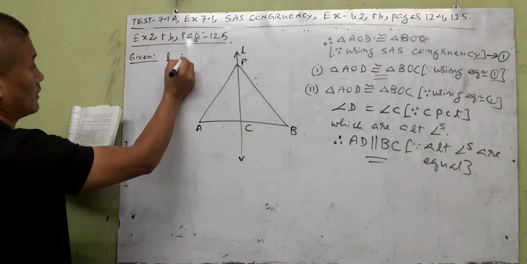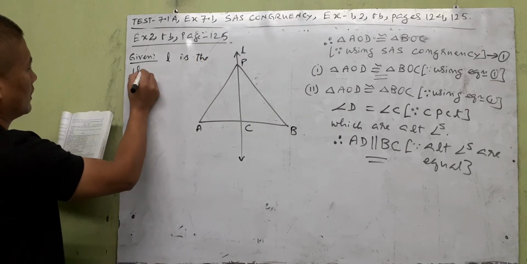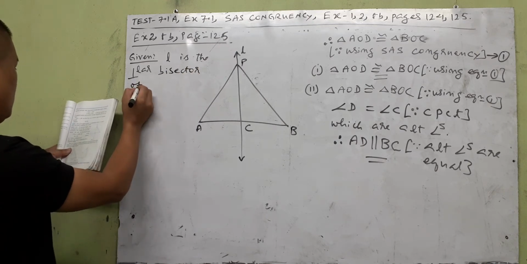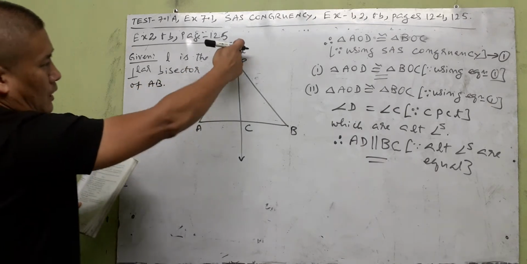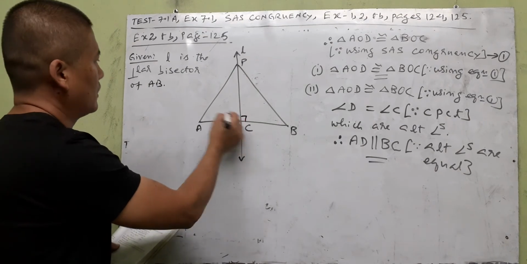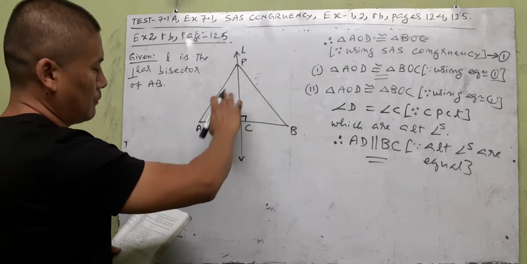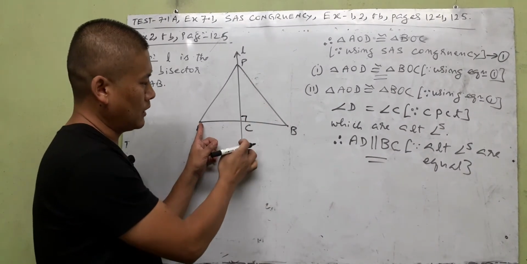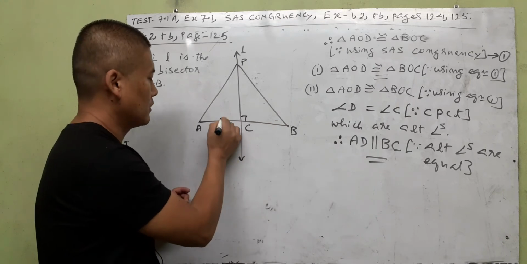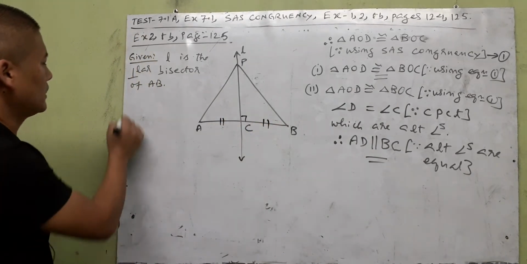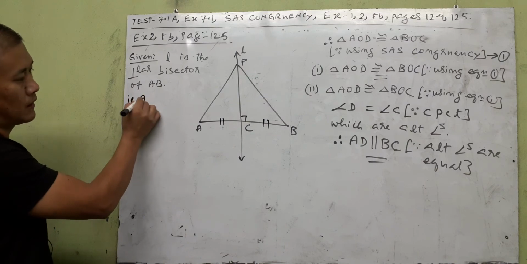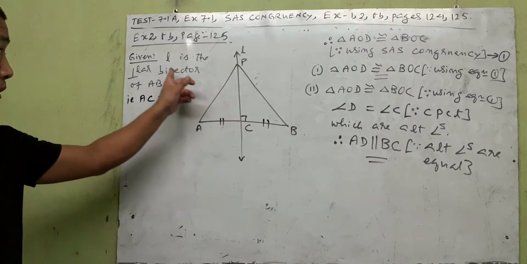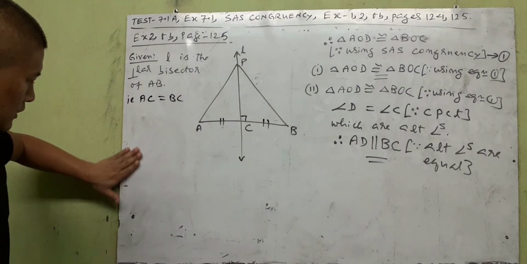If you read, L is the perpendicular bisector of AB, meaning the line L makes 90 degrees, perpendicular means 90 degrees, to AB, and bisects AB, meaning if AB was 10 centimeters, this line will divide it into 5 and 5. So AC will be equal to BC.